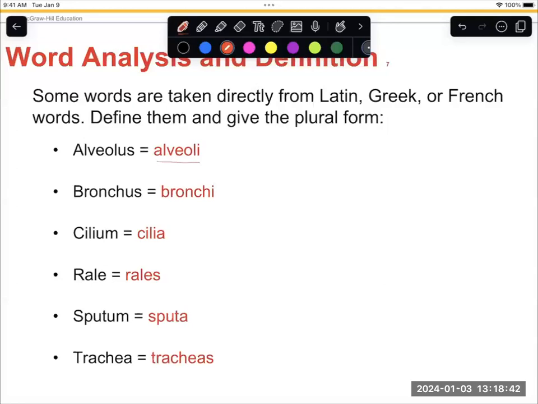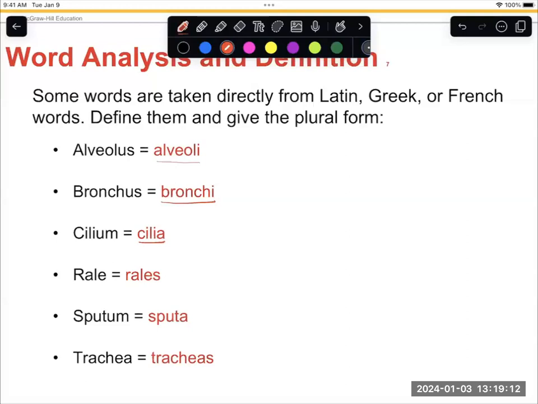Bronchus means windpipe in Greek, and bronchi is plural, one of 2 subdivisions of the trachea. Cilium, eyelash in Latin, or cilia for plural, are little hair-like projections that come off of the cell surface.